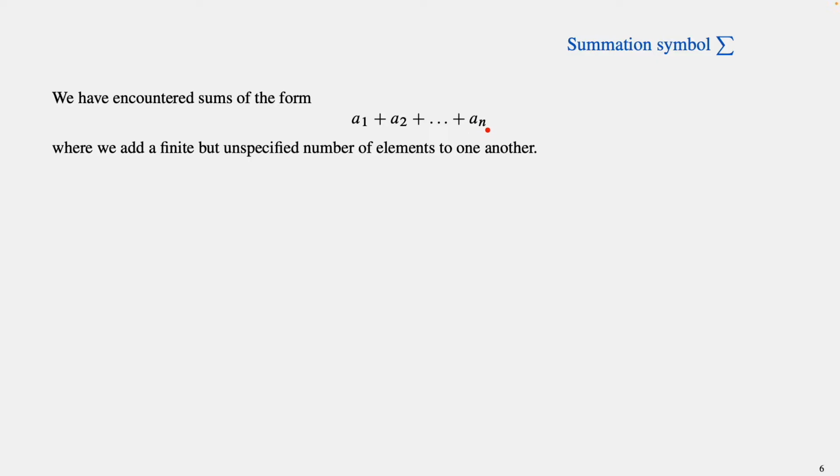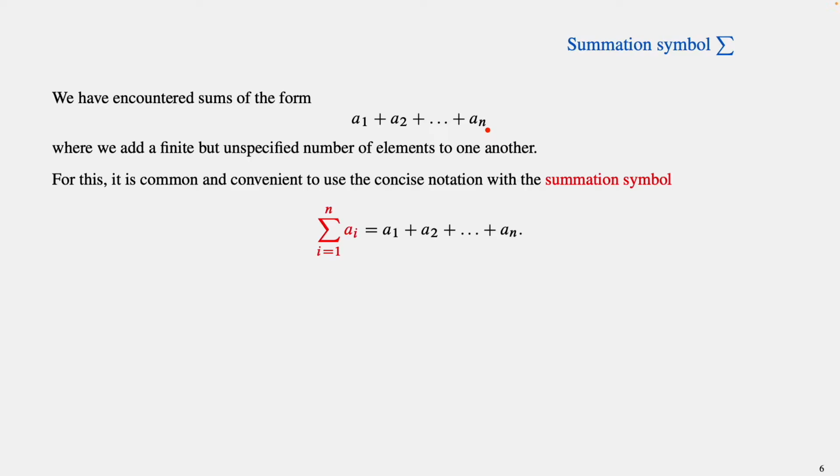Depending on the situation, it could be a different amount of elements we add. And for this we have a convenient notation which makes this a bit more concise, and we use the summation symbol for this. So instead of writing a1 plus a2 plus ... plus an, we write the sum from i equal to 1 to n over ai.